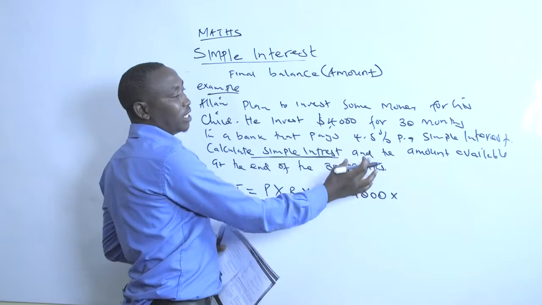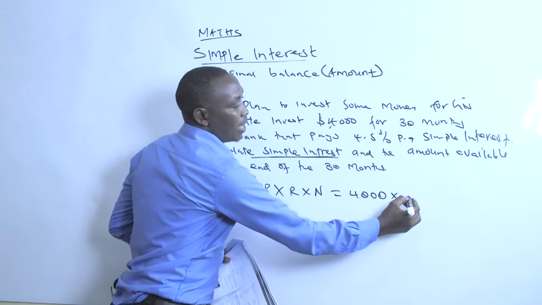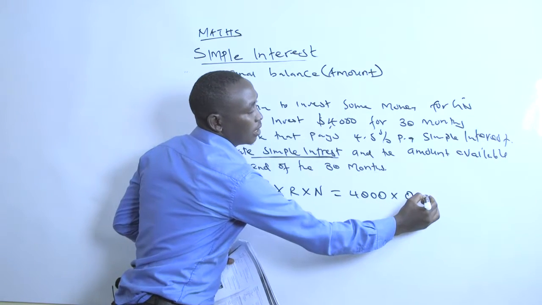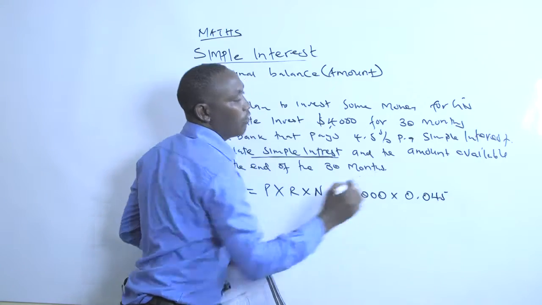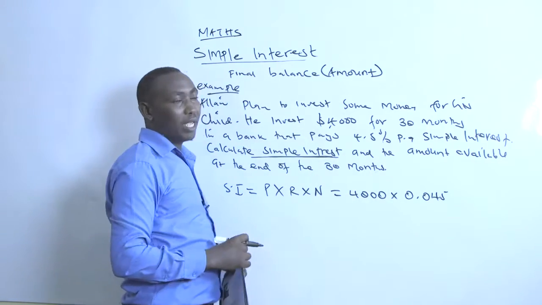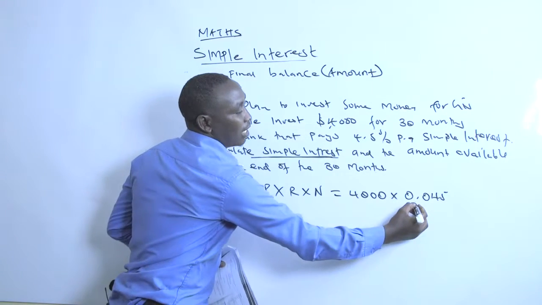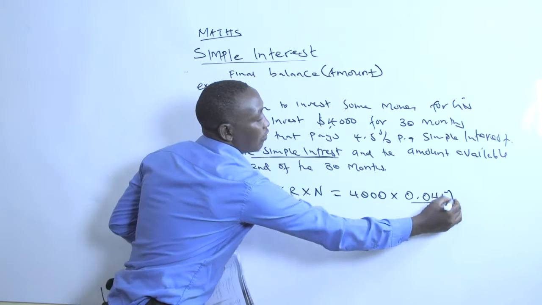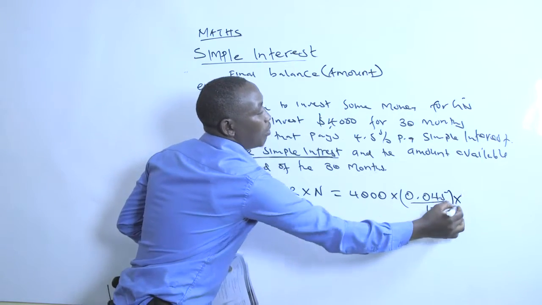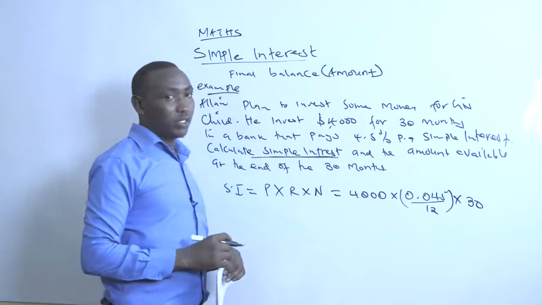The 4.5% as a decimal will be 0.045, but because it is per annum, we can make it per month by dividing it by 12 for us to be able to multiply this by 30 months.